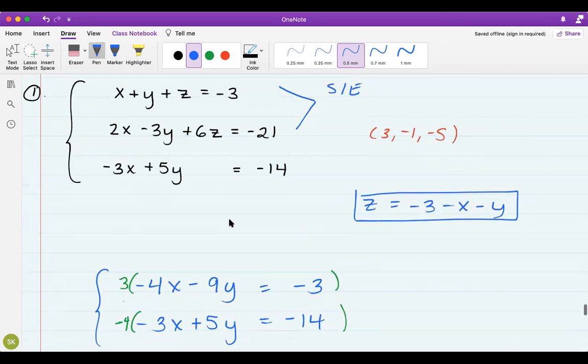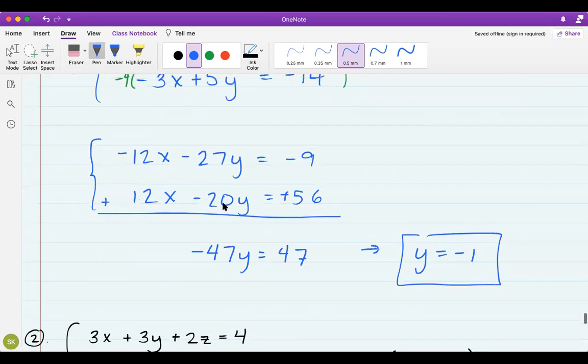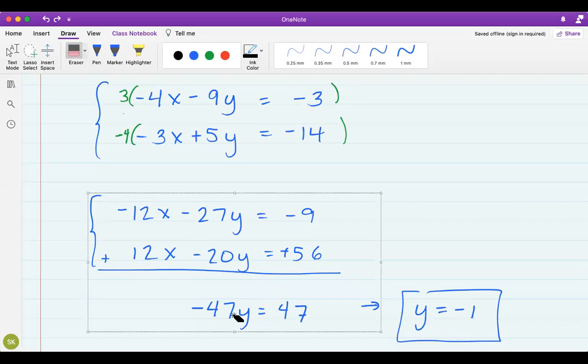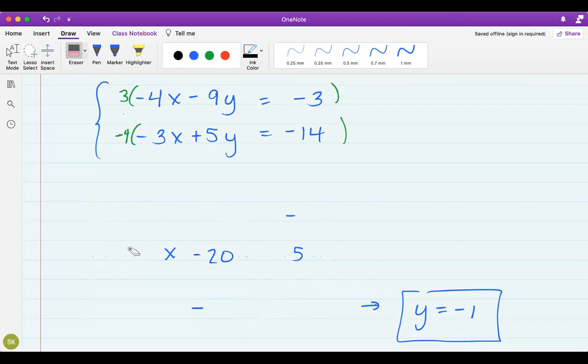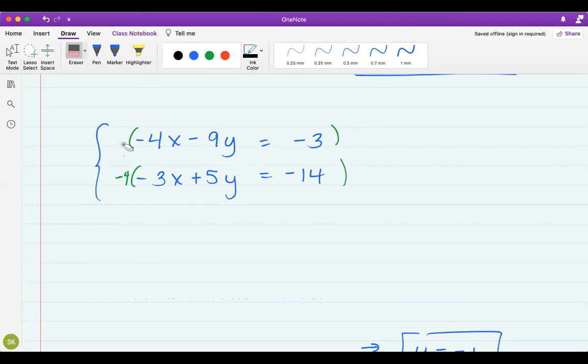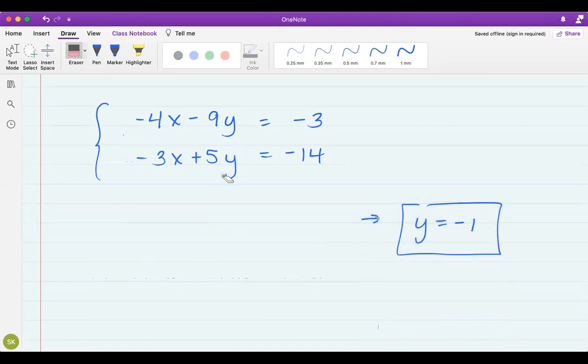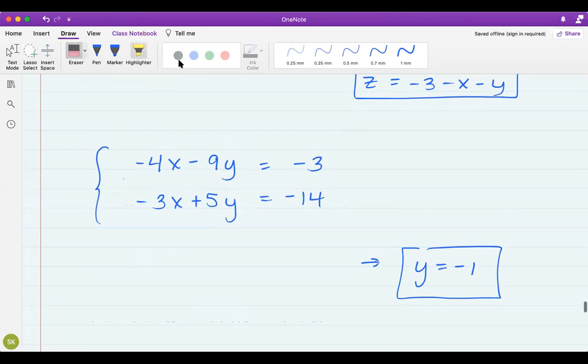Okay, let's go back. So here is z. Let me do a little bit of erasing. I'm going to erase this piece here and go back to this system that we had right here. I'm going to erase this 3 and this negative 4. This was the original system. Then I'm going to choose either one of these equations. I'm just going to go with the first one.